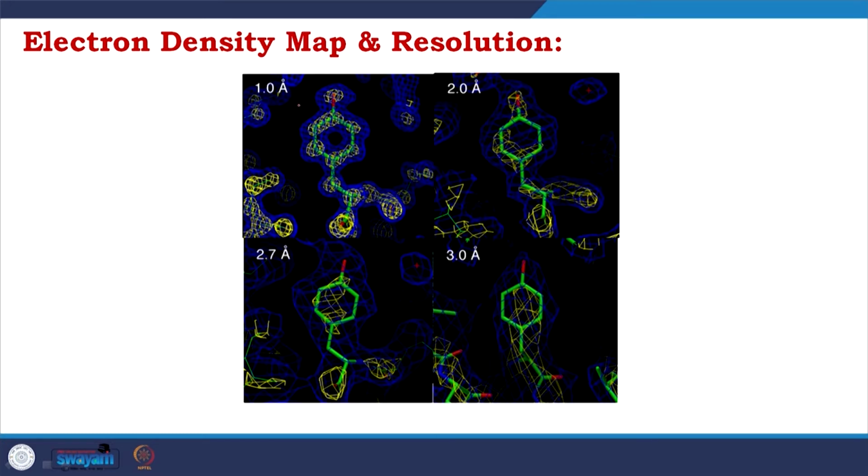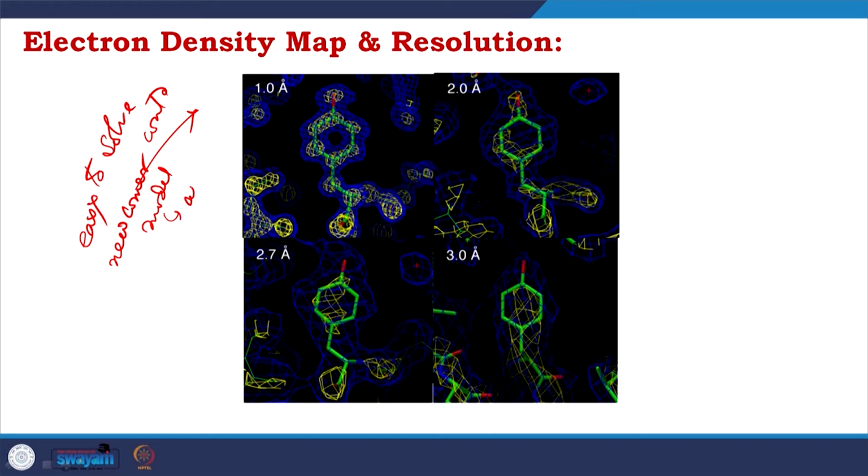And you see when you get it at 1 angstrom, it is so beautiful, so confident that it is easy to solve, and even a newcomer could model it using automated model building. Whereas, when you go to here, you have to use experience.